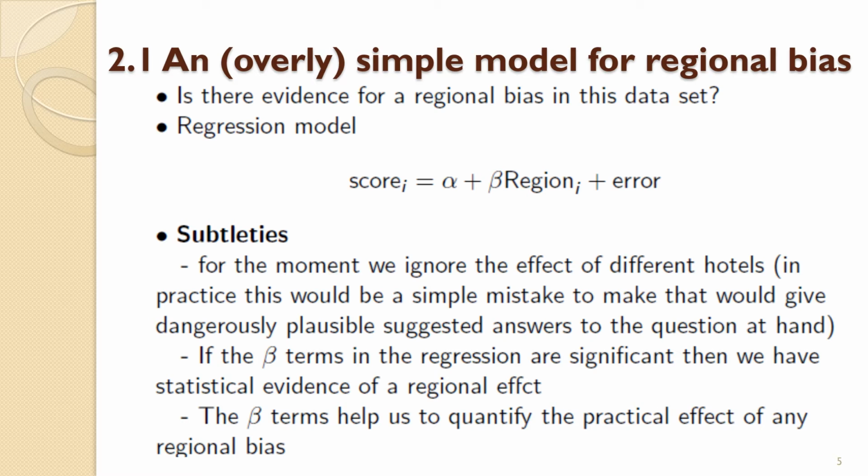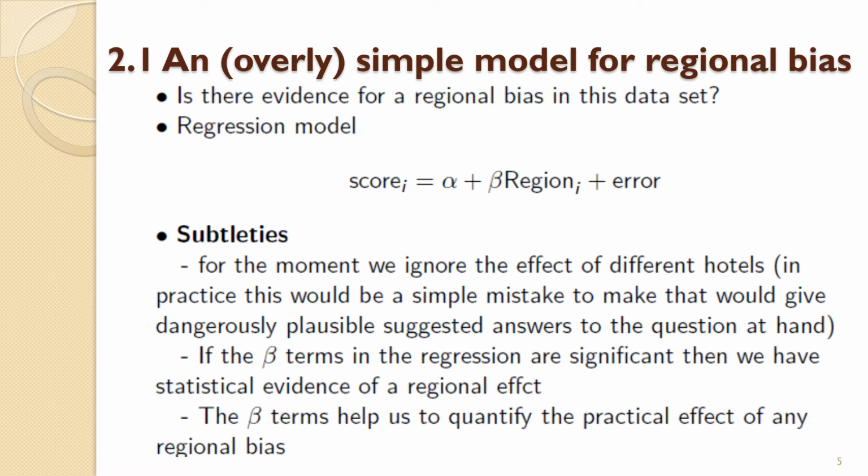We start off with this regression model: the score is equal to some constant term plus a beta value times the regional term, and there are a number of subtleties here. For the moment we ignore the effect of different hotels. If you put the effect of different hotels in, you have mixed models.